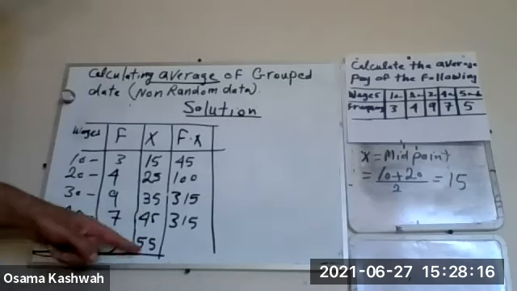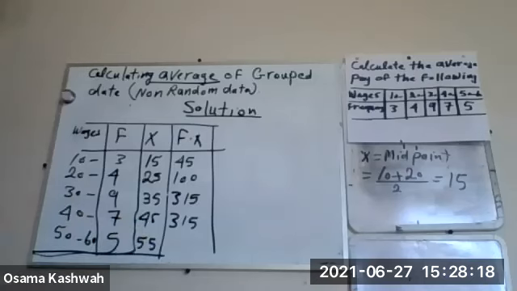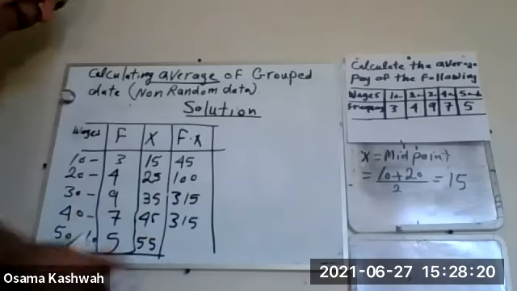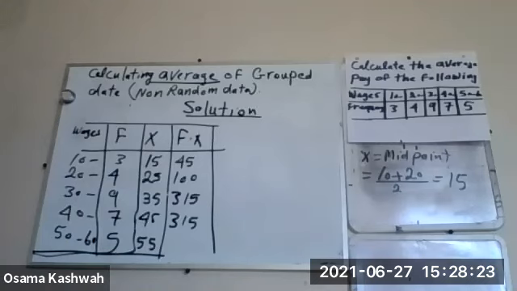Finally, 5 times 55: 5 times 50 is 250, 5 times 5 is 25, all will come to 275.